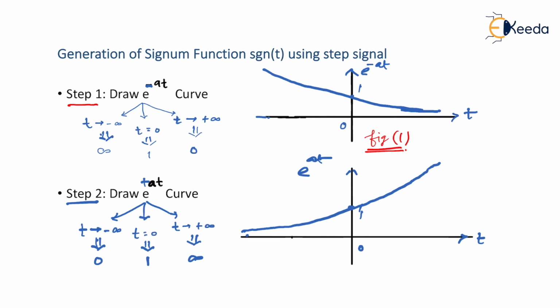We should assume that the value of a has to be greater than 0 for both. In that case, I'll get such kind of curve. As you have seen, in step number 1, e to the power minus at is a negative exponential curve, and e to the power positive at is a positive exponential curve. I'll name e to the power positive at as figure 2.